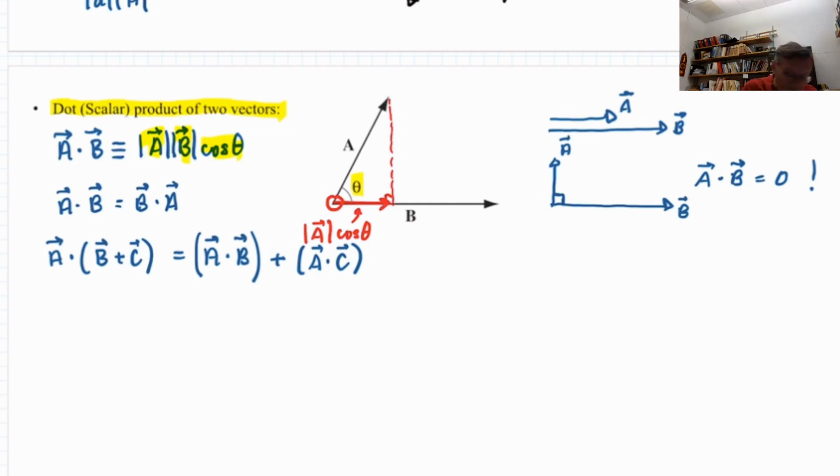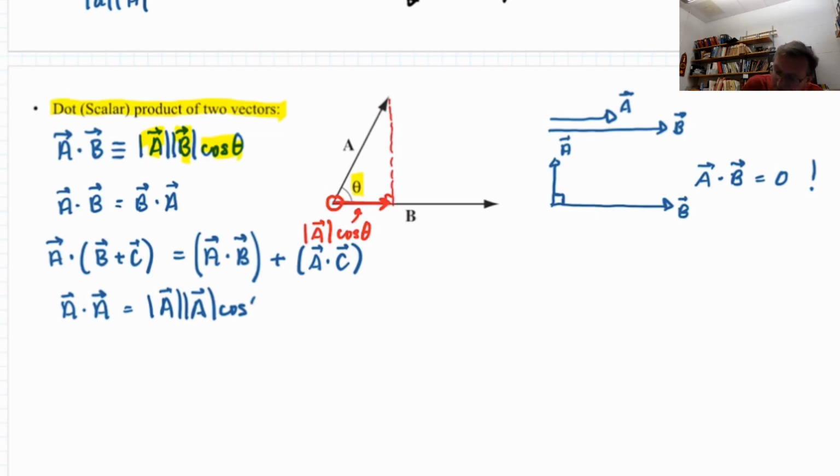All right, what do you get if you take any vector and you dot it into itself? You could ask what you get, right? Well, use the definition. That's magnitude of A, scalar product with the magnitude of A, times the cosine of this angle we're calling theta, which is the angle between the two vectors when they're drawn with a common tail, but the two vectors are both the same, A. So the angle between them has to be 0, right?